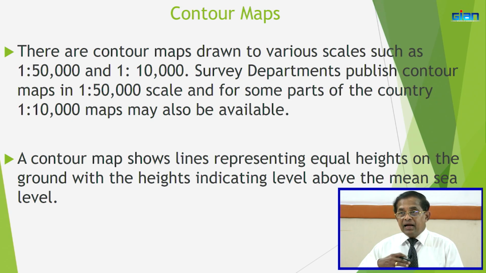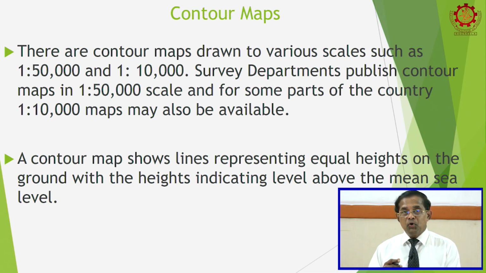So, understanding this canal or tunnel path is facilitated by contour maps. Contour maps will guide you how the route of the canal or the tunnel should be designed or planned.